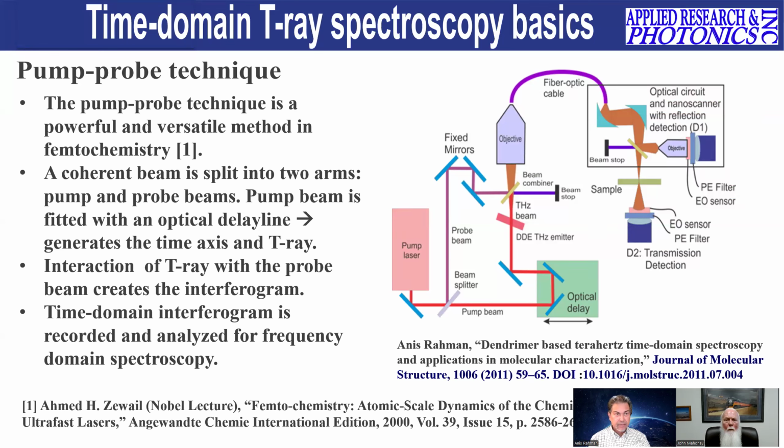It's basically the pump probe technique as was proposed by Professor Zewail, who won the Nobel Prize in chemistry in 1999 for this kind of femtochemistry technique. He is credited for this pump probe technique, where, think about it, in the terahertz region there is no electronics that can measure the frequency.